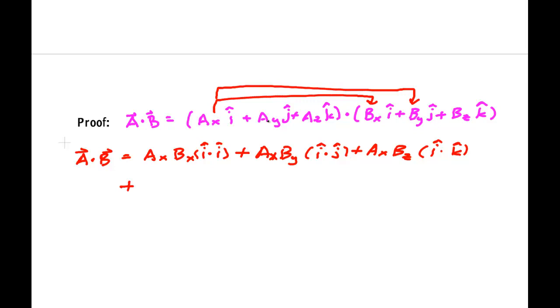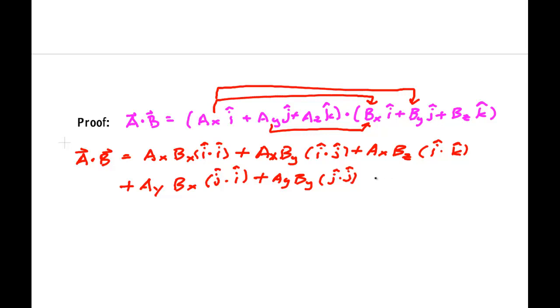So next time on this row I'm going to do the y, starting with ay bx, that would be j hat dot i hat, and then ay by j hat dot j hat, and then ay bz j hat dot k hat.